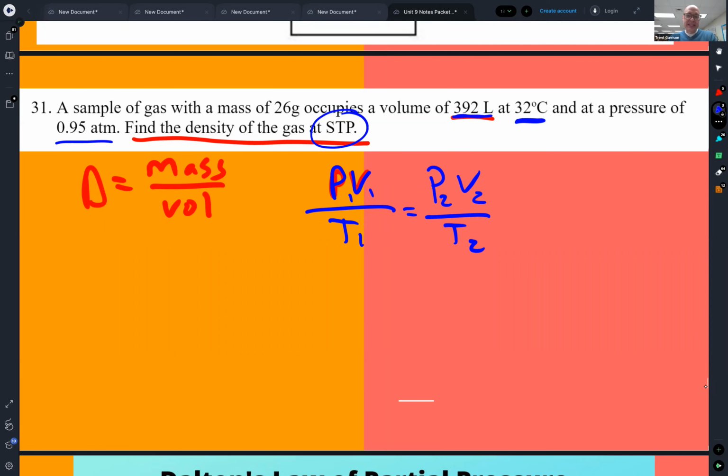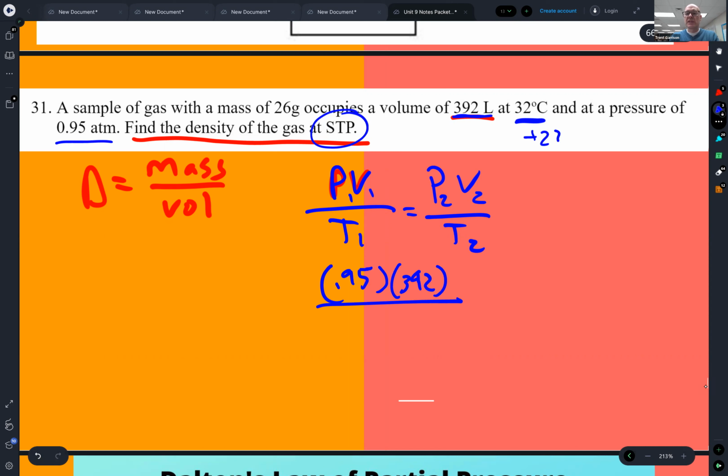So we got our original pressure of 0.95. We have a volume of 392, and we have a temperature. We have to add 273 to that. So 32 plus 273 is going to be 305.